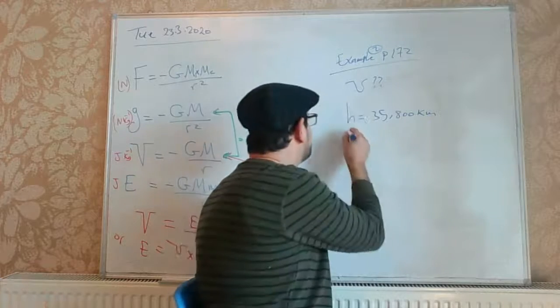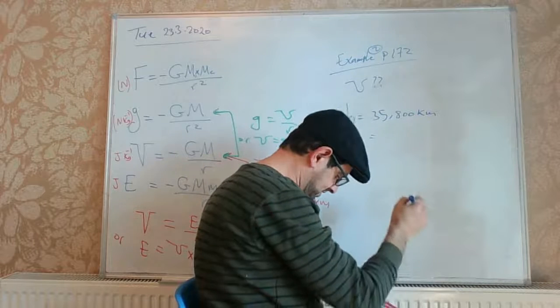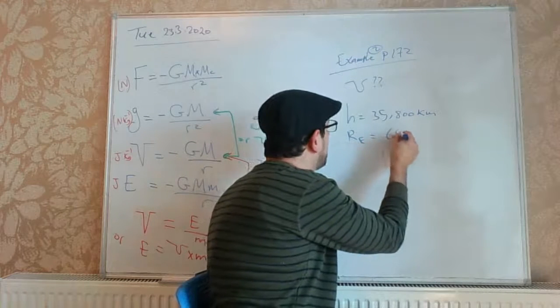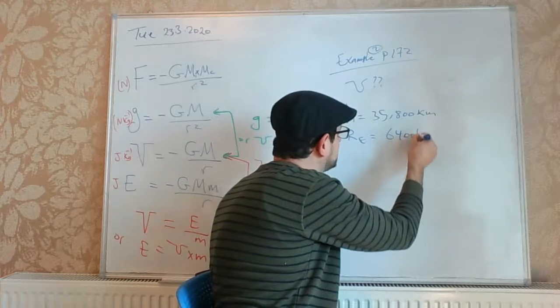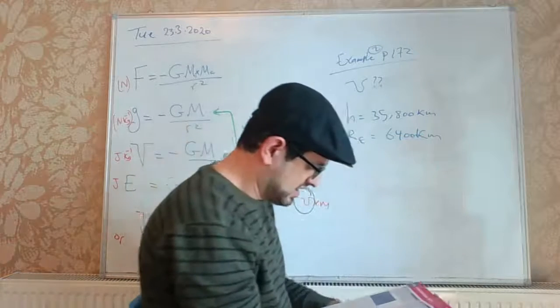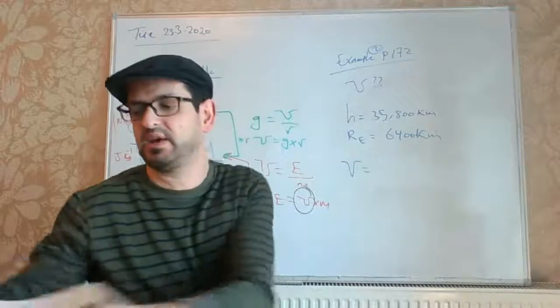He gave us the radius of Earth, 6,400 kilometers, and they want to find the gravitational potential.